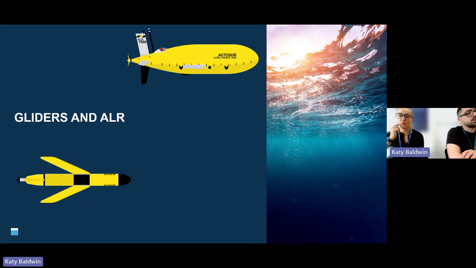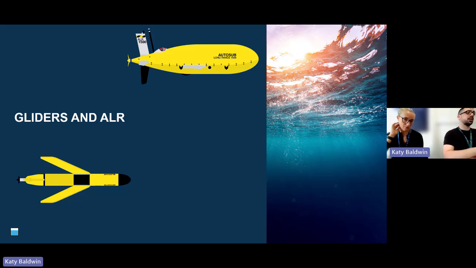BODC handle near real-time data from multiple glider deployments at any one time. This peaked in August 2024 when we managed 12 active glider deployments. We expect this number to increase, particularly amidst aims to achieve net zero in the ocean science community.